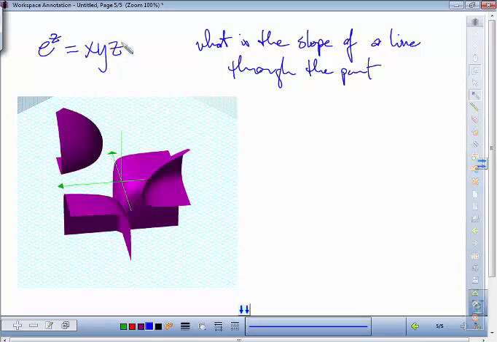So I need a point that would satisfy this equation. 1,1,e, maybe? Would that work? No. Oh, geez. I have to try to come up with a point that would make this work.